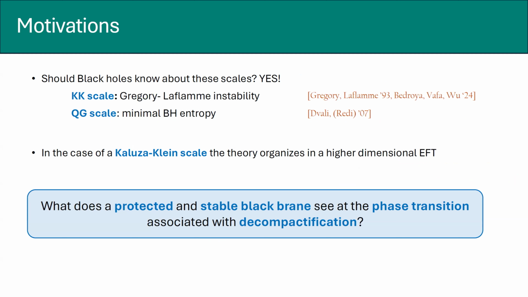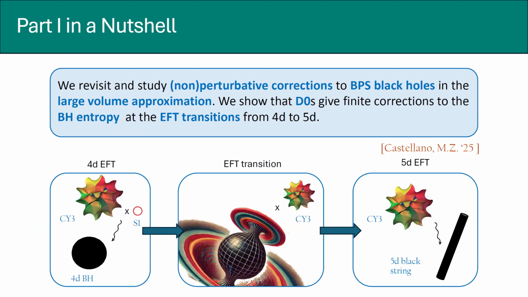And maybe this can help to clarify even more concretely what we are going to do and what you have to have in the back of your mind whenever I talk during this talk. What we have done is just considering, for N equals 2, the simplest stuff we can think about: BPS black holes within this theory in the large volume approximation. And the phase transition we want to try to explore is essentially the decompactification from 4D to 5D.